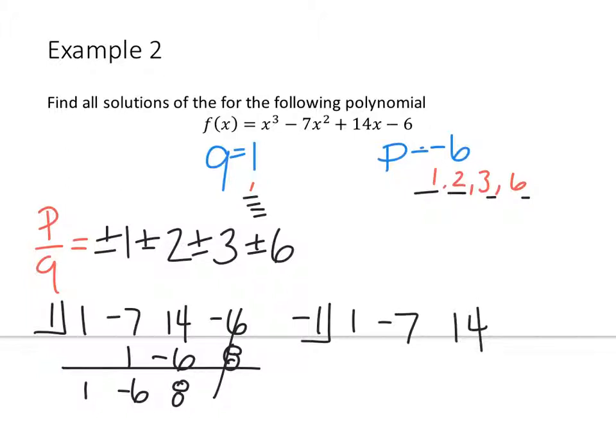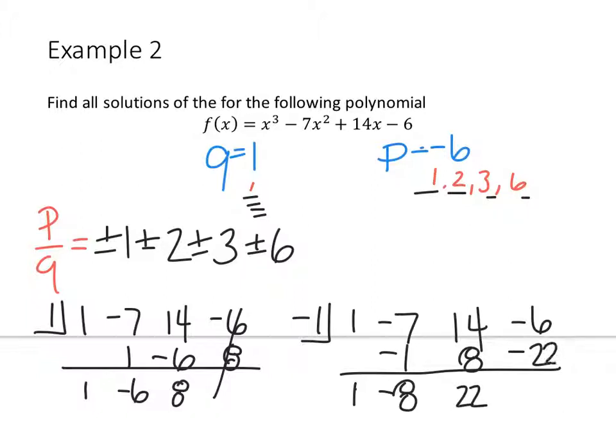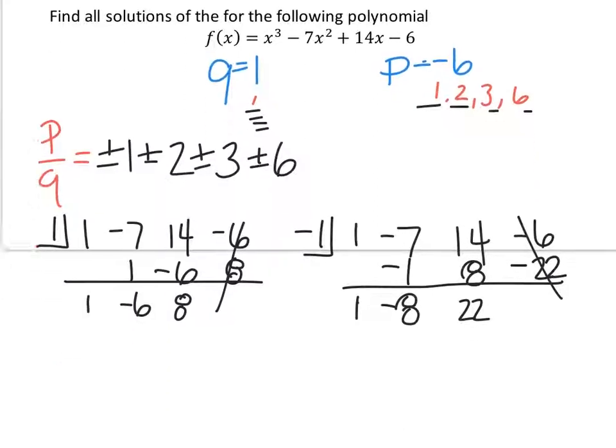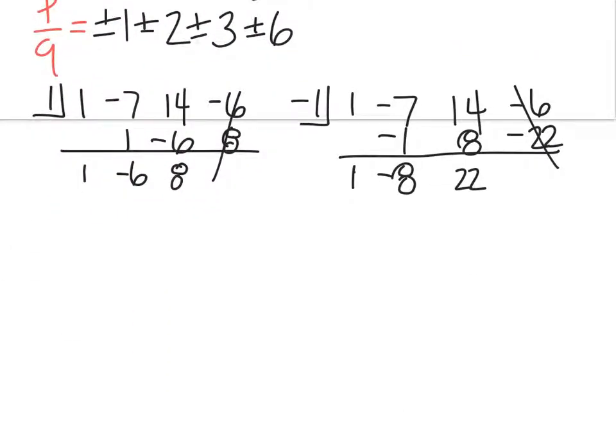So these problems are just tedious because it's a lot of the same process over and over until you find the right answer. And that's positive 8, so that's 22, negative 22, which will not give me 0. So we're going to start with 2.